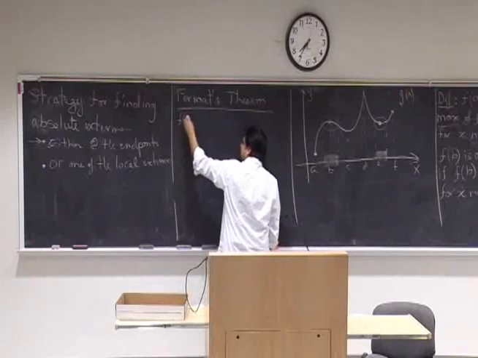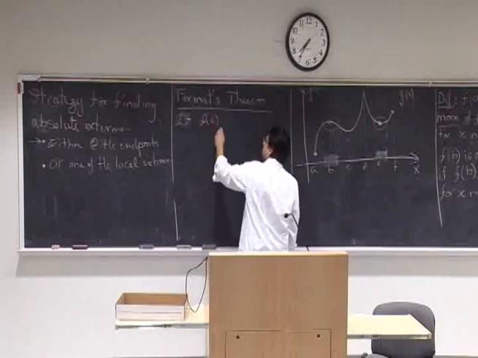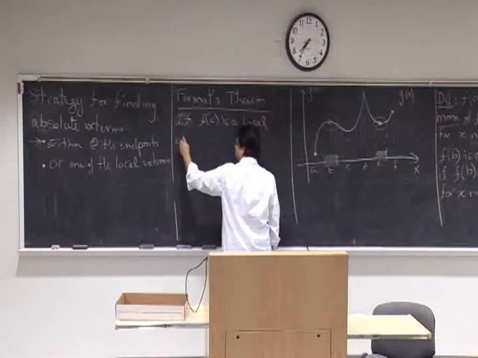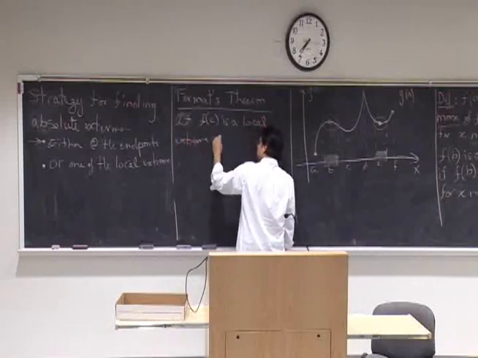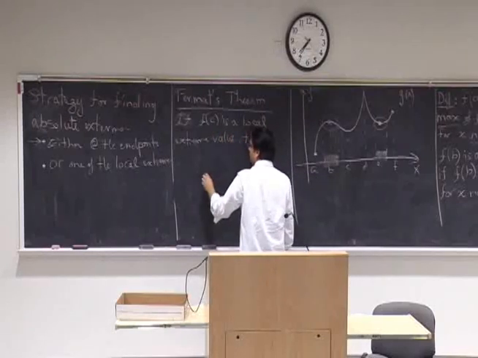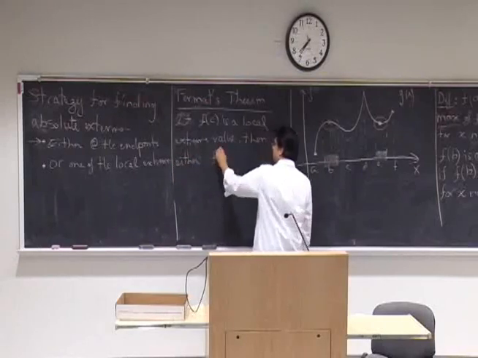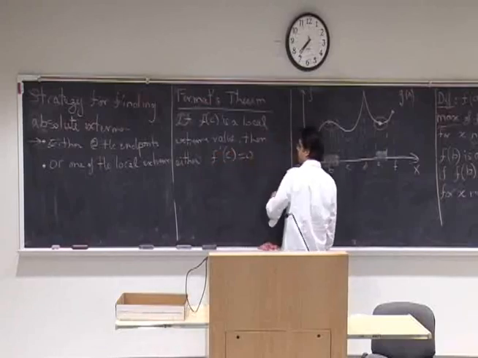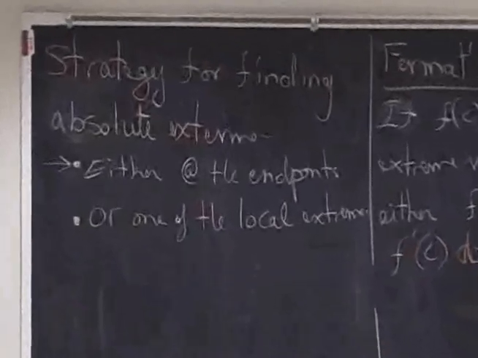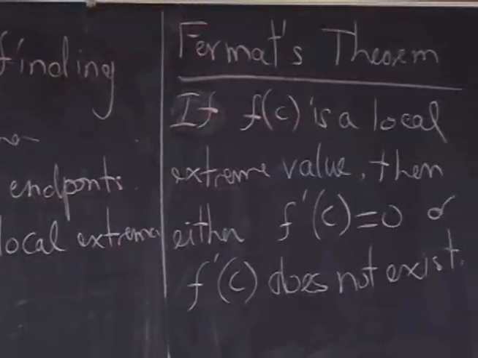Let's say f of c is a local extreme value, then either f prime of c equals 0, or f prime of c does not exist. Okay?